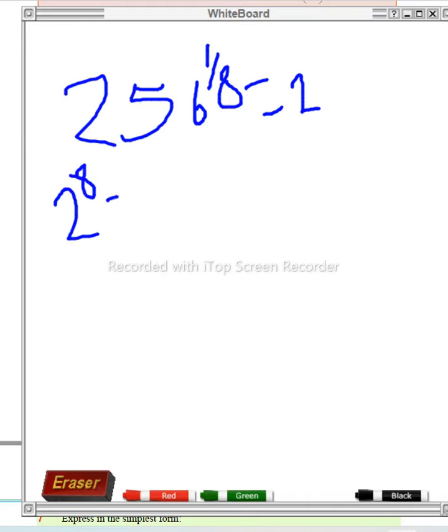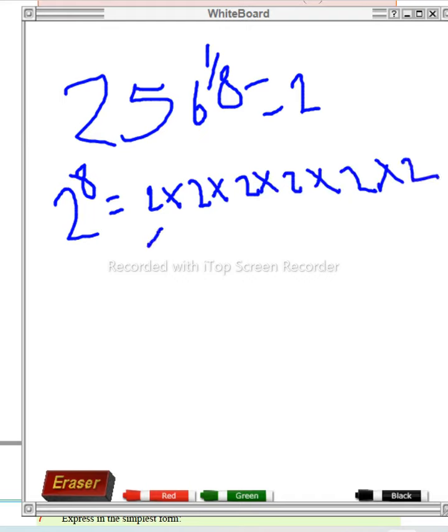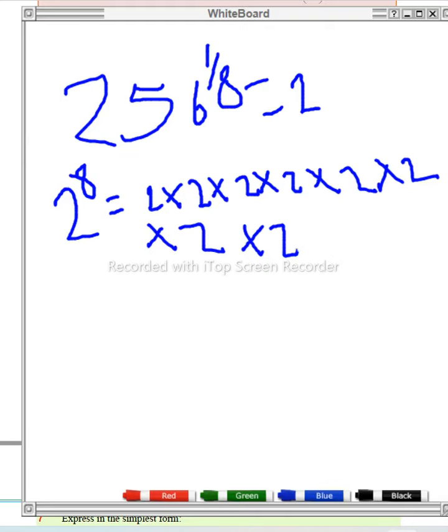We know that because 2 times 2 times 2 times 2 times 2 times 2, counting 1, 2, 3, 4, 5, and 2 again, up to 8 twos. 2 times 2 is 4, times 2 is 8, times 2 is 16, times 2 is 32, times 2 is 64, times 2 is 128, times 2 is 256. Let us check the count again.